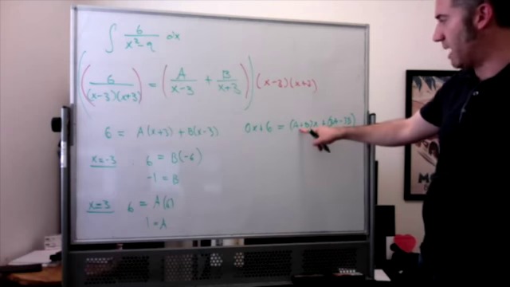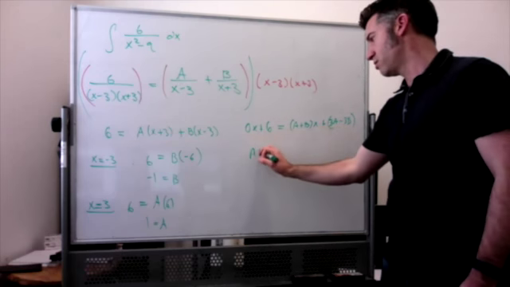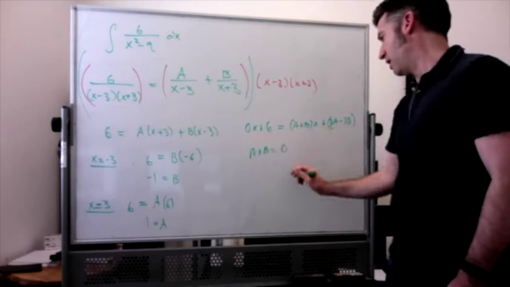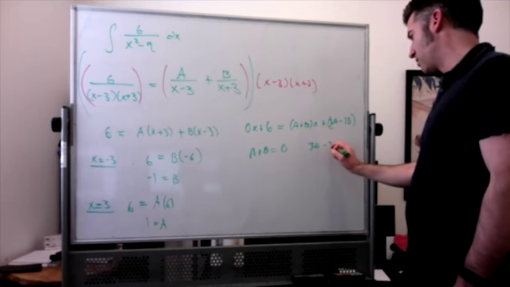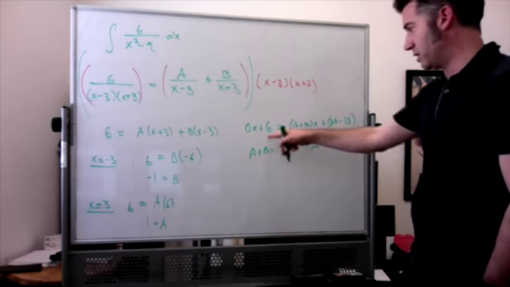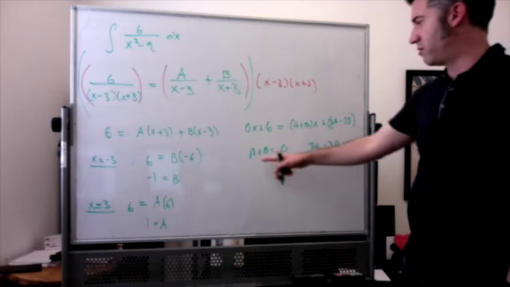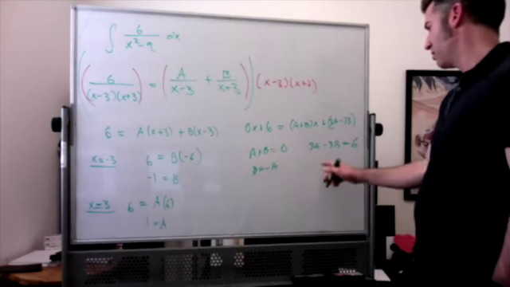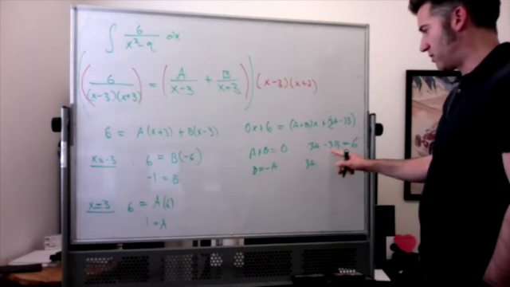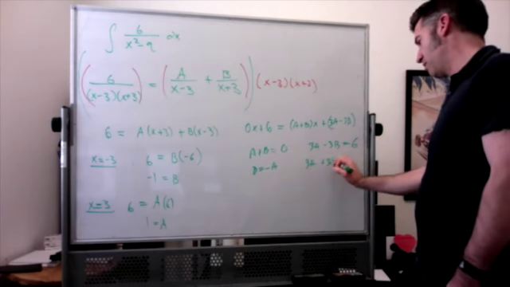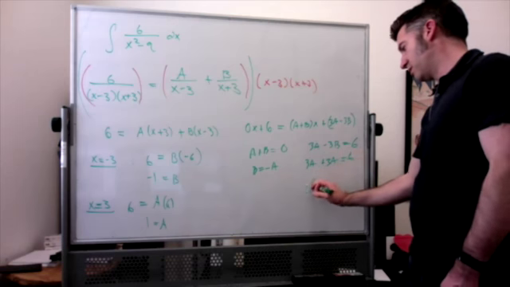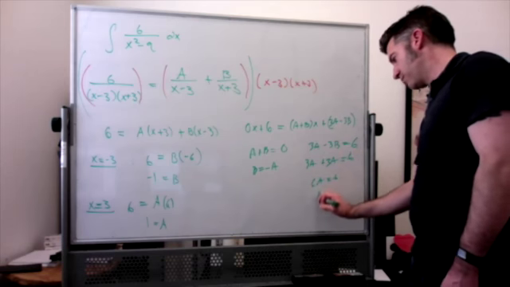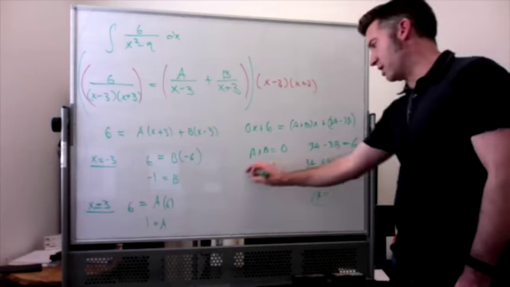Then you can say a plus b has to equal 0, and 3a minus 3b has to equal 6. Then say that b equals -a. 3a minus 3 times -a is plus 3a, so 6a equals 6. a equals 1, and then b equals -1.